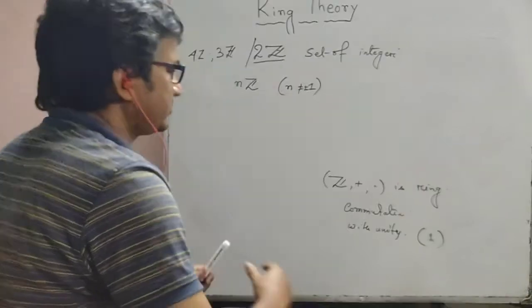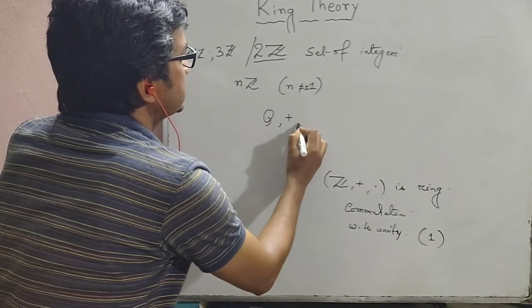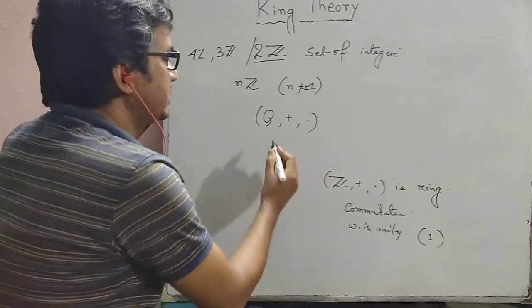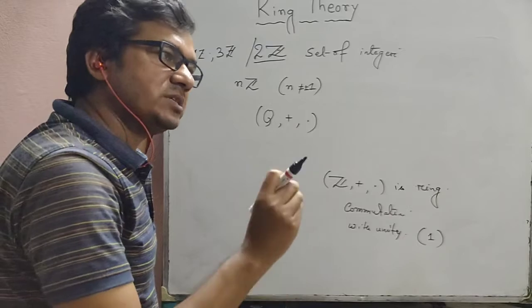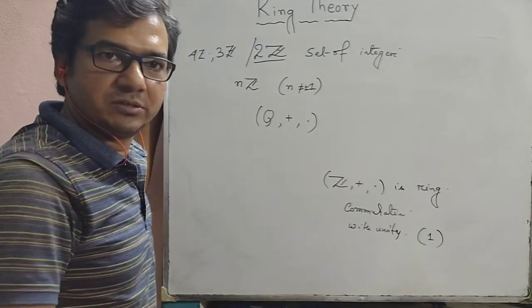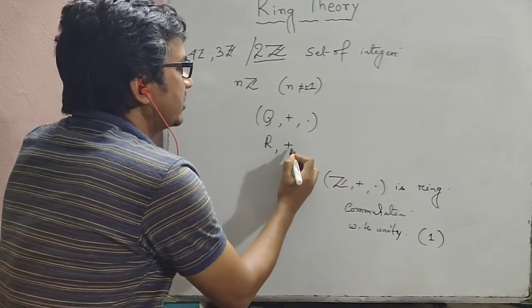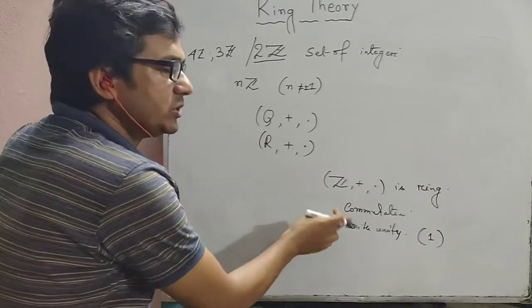Now, if we consider Q plus dot, usual plus and usual dot, that is the set of rationals with usual addition and multiplication, it is a commutative ring with unity. The set of real numbers is the same, a commutative ring with unity.